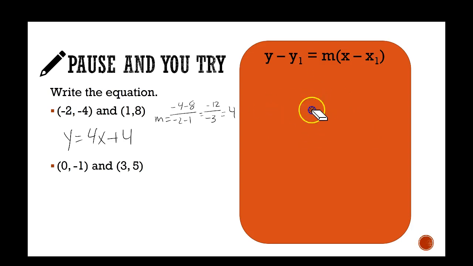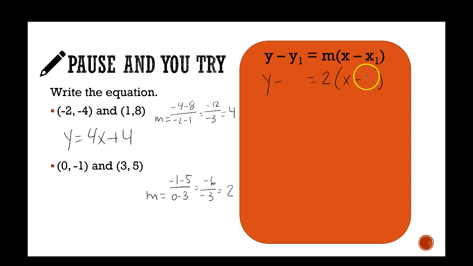Let's look at this next one. All right, so the slope here, so we have negative 1 minus 5 is your y's, and 0 minus 3, which gives you negative 6 over negative 3, which again simplifies to a positive 2. All right, and then I'll use 3, 5.